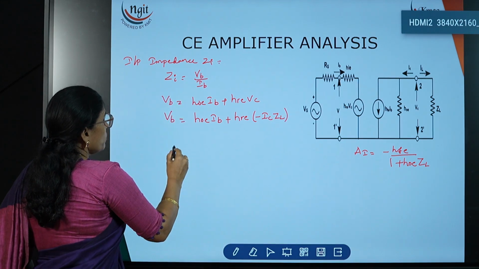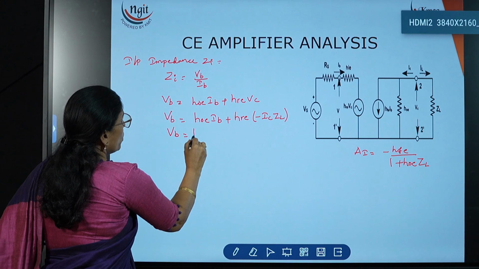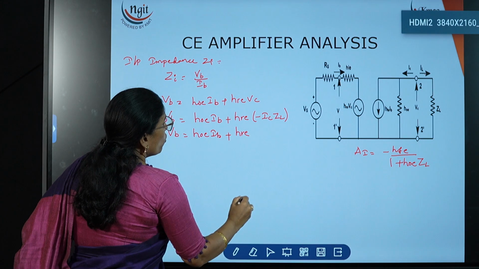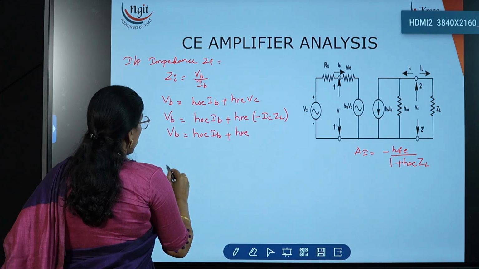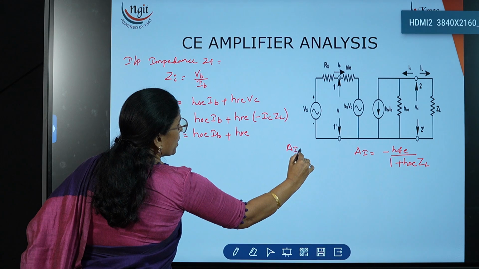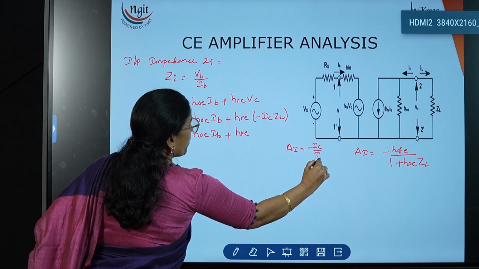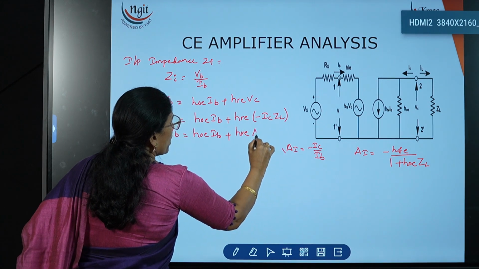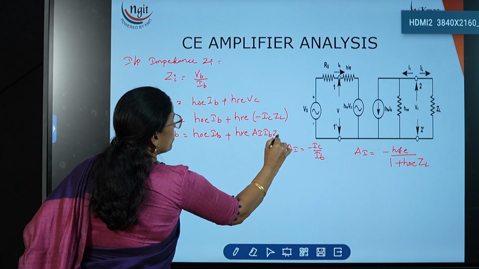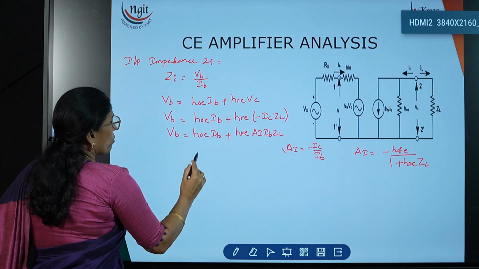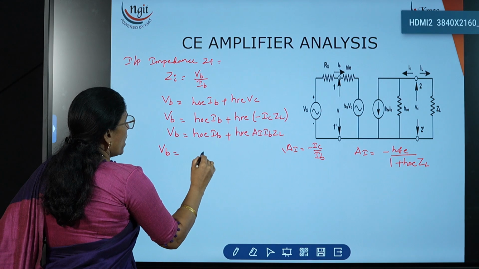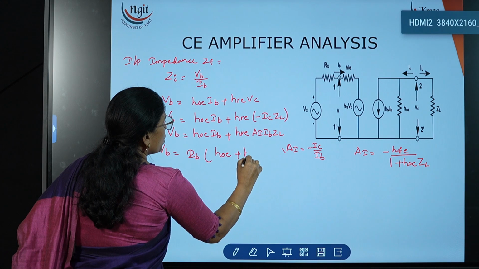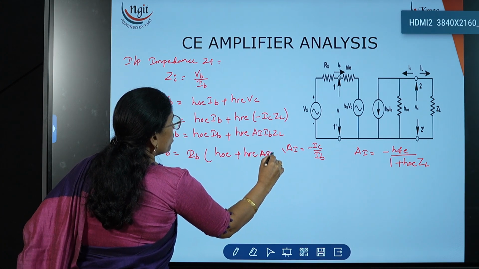So VB is equal to HIE IB plus HRE times minus IC ZL. Now AI is equal to minus IC divided by IB, so minus IC is equal to AI into IB. Substituting, VB is equal to HIE IB plus HRE AI IB ZL. Now I am taking IB outside, and I will get VB is equal to IB times HIE plus HRE AI ZL.